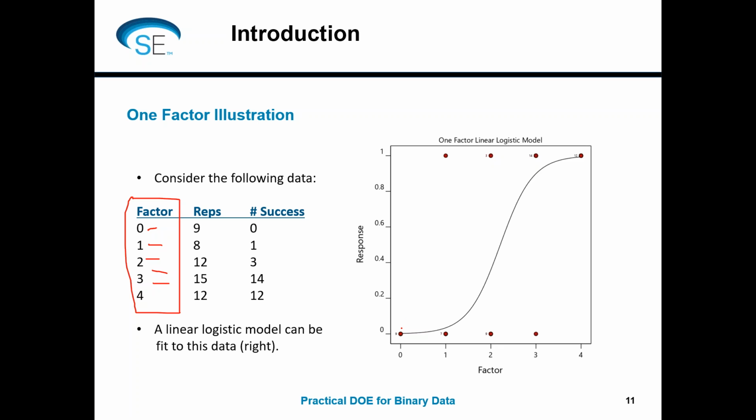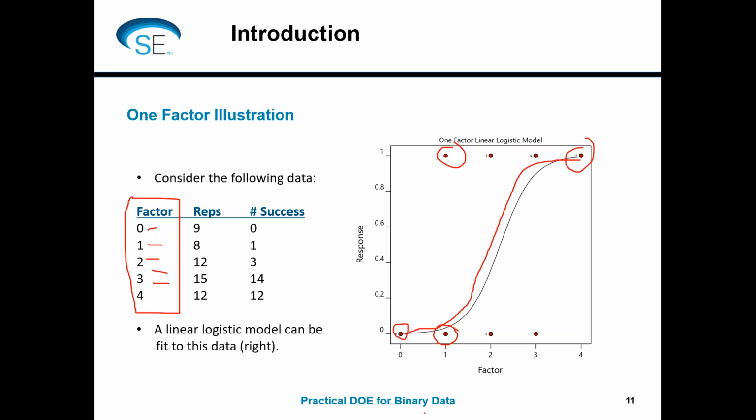So what I could do is plot the data here. I apologize, this is a little small, but you can see that I have 9 failures at the lowest level. I have 7 failures at the first level here and 1 success, all the way through 12 successes at the high level. So this is what the linear logistic model looks like here.